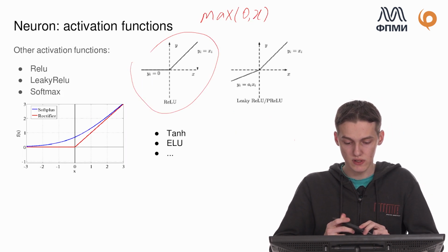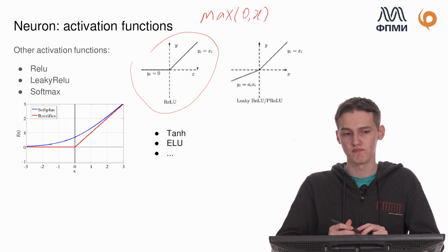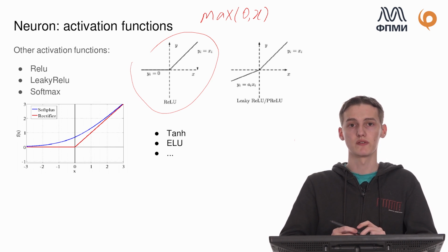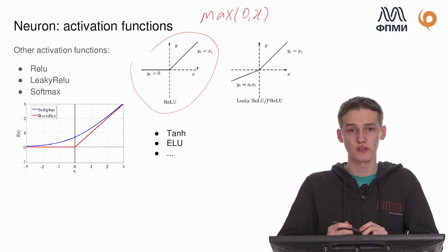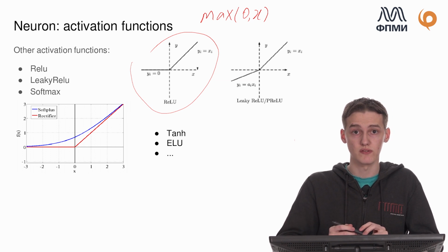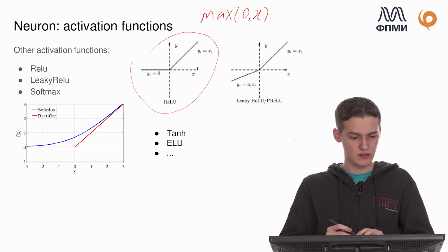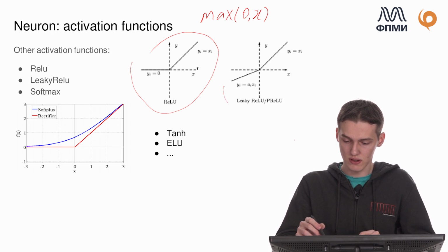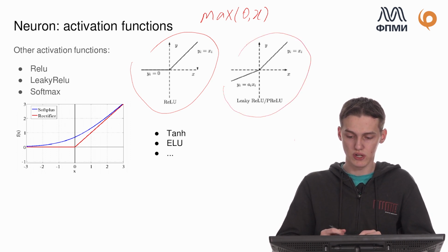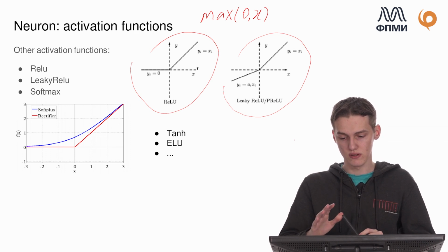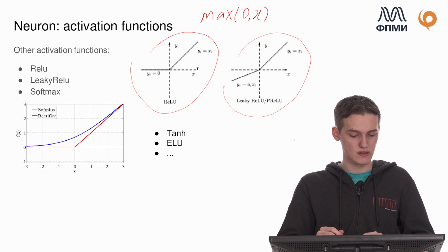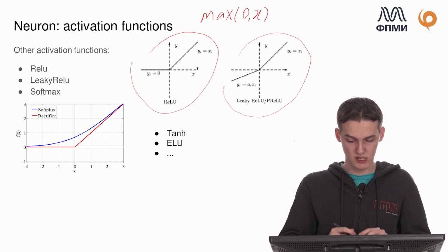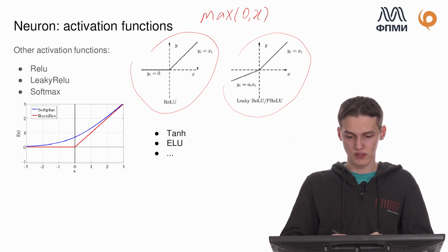And it's the most popular in deep neural networks, because when you have millions of neurons, you'd better save time. And there are several modifications of it, like Leaky ReLU, which helps you with smoother gradients, and plenty of them, just plenty. You're not restricted at all.